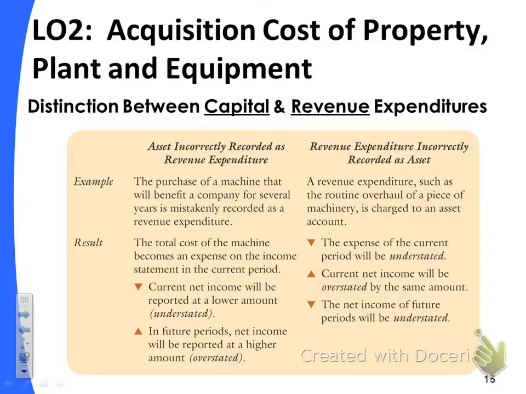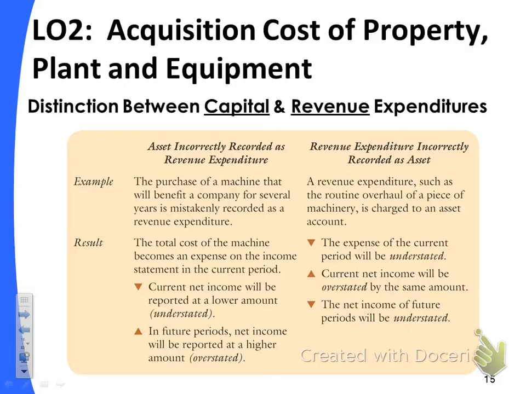In the opposite case, if we had a revenue expenditure that was incorrectly recorded as a capital expenditure, the expenses in the current period would be understated, our current net income would be overstated, and our net income in future years would be understated.